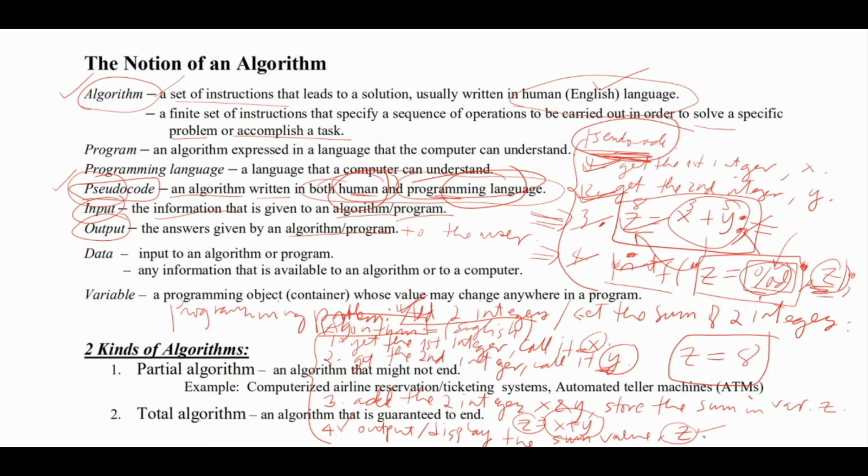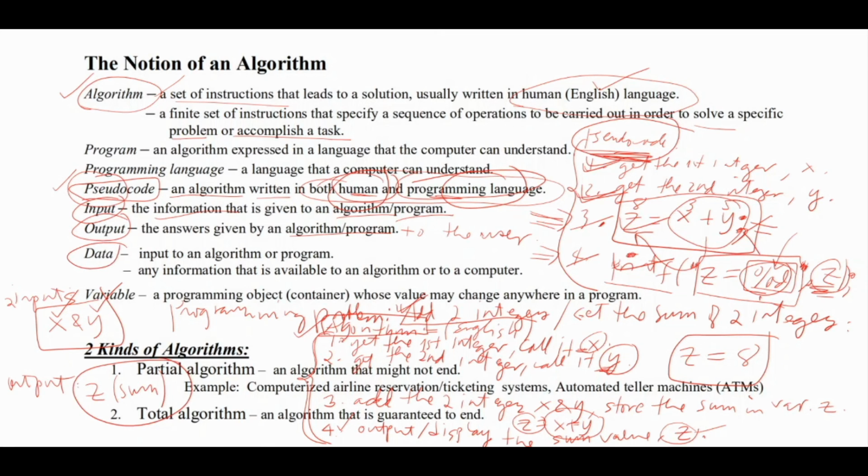So say for example, in this programming problem, to add two integers or get the sum of two integers, what are the input values needed? I hope you would answer that the input values to this problem are x and y. Okay, so we have two inputs, the first integer and the second integer. And for the output, we only have one, and that is z, the sum.